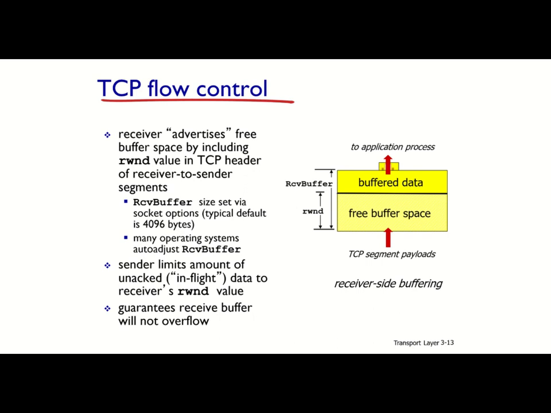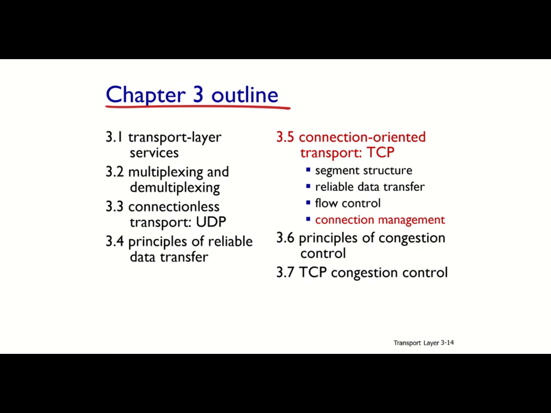Basically, the sender limits the amount of unacknowledged data to the receiver's RWND value. Next, we talk about connection management in TCP.